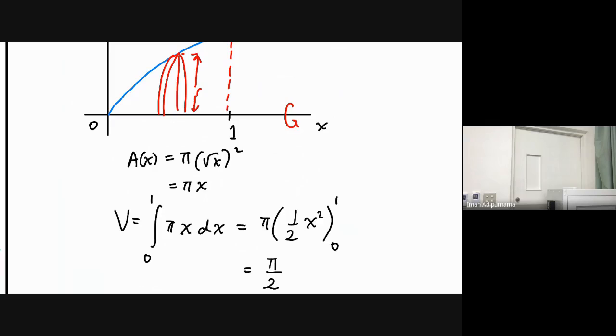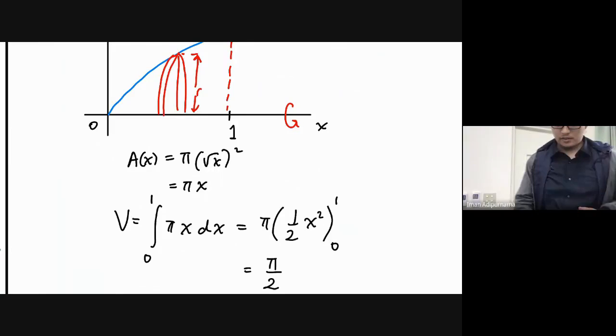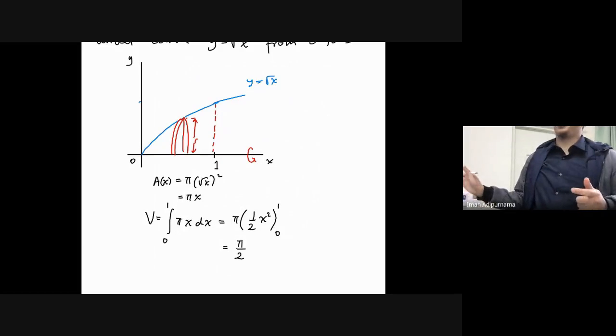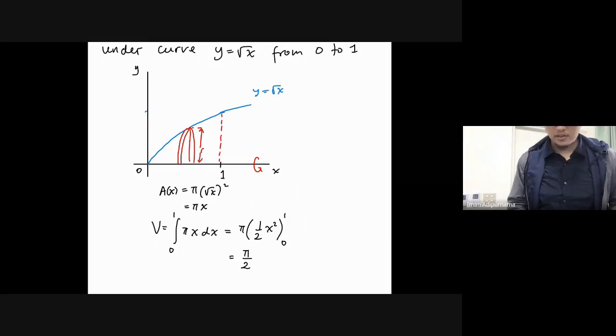That will be the center of rotation. I think that will be most of the cases. I think this is too easy, right? Let me give you a little bit more complex one.